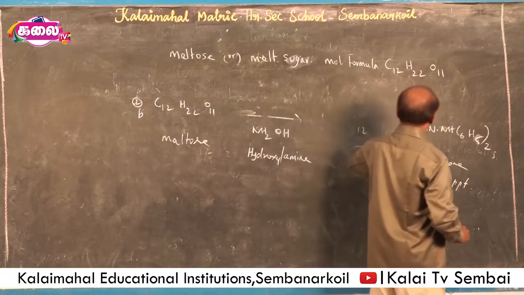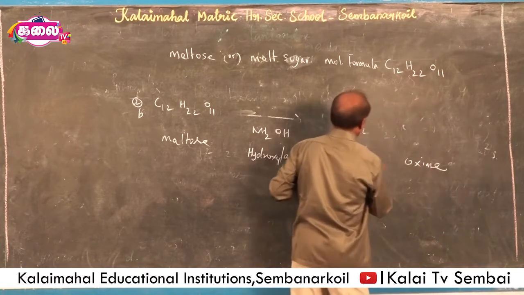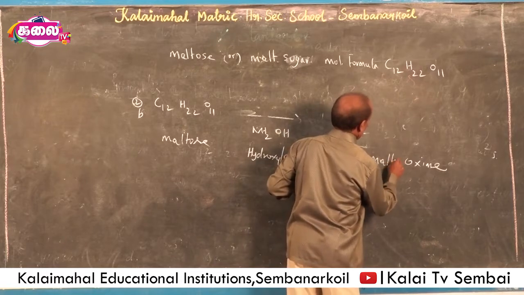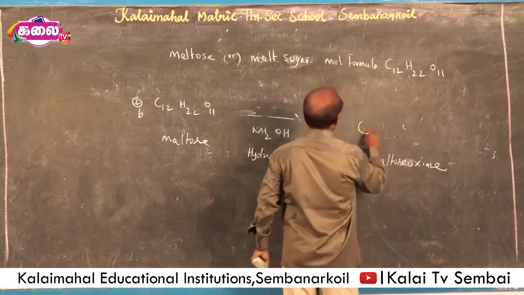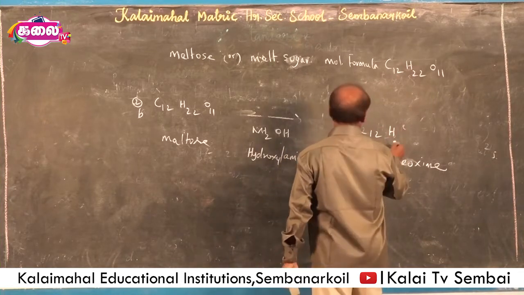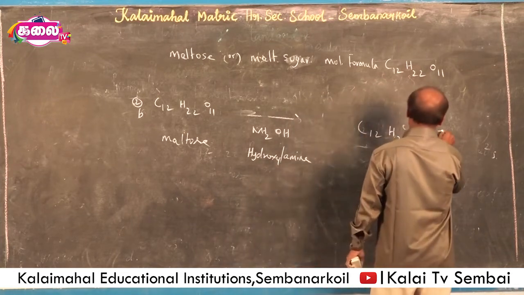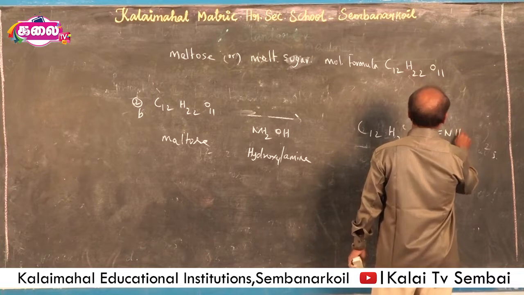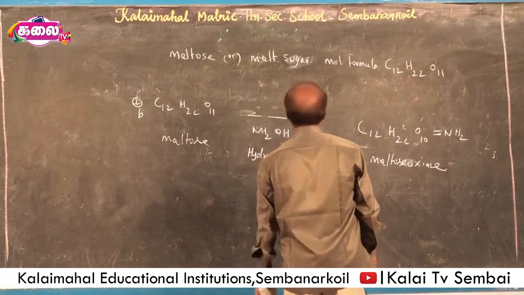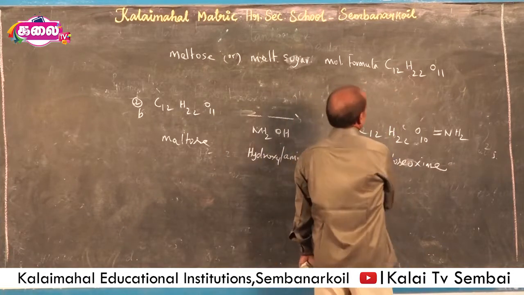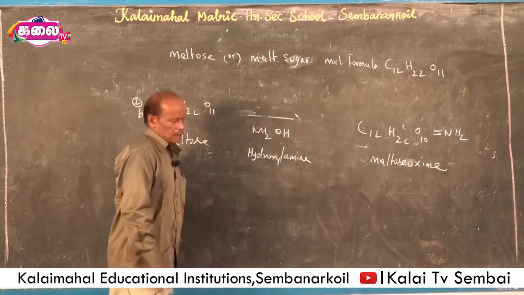We get oxime, maltose oxime, with the formula C12H22O10 double bond NOH plus H2O. Okay, this is maltose oxime.